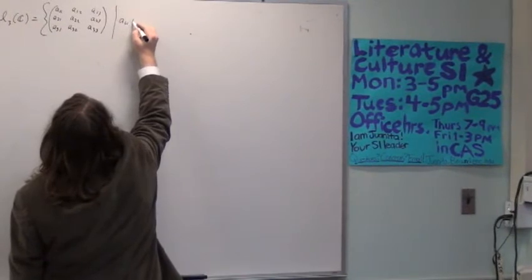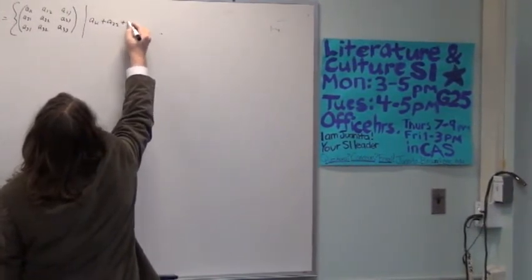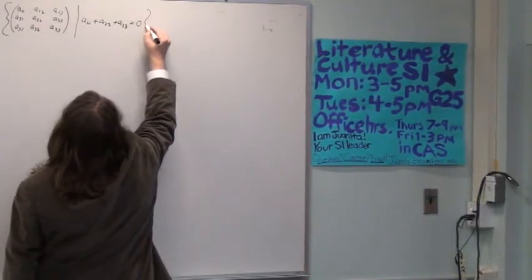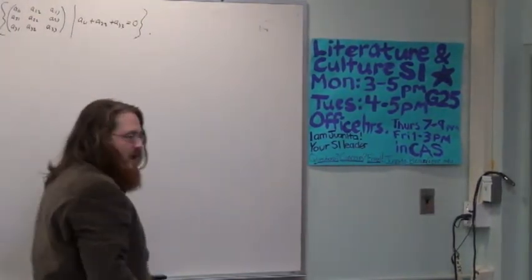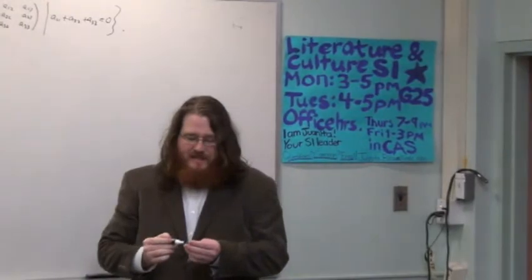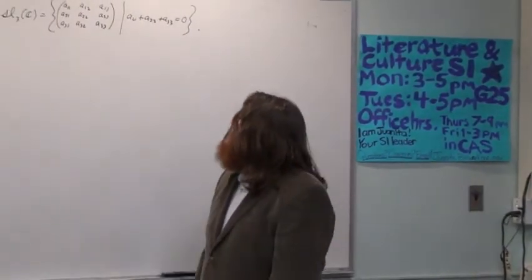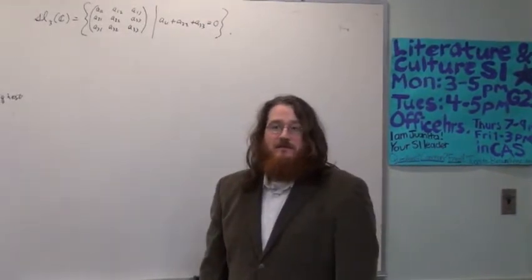So A11 plus A22 plus A33 has to be 0. And here again, we're talking about the operations of addition and bracket. So bracket preserves the fact that the sum of the diagonal elements is 0.